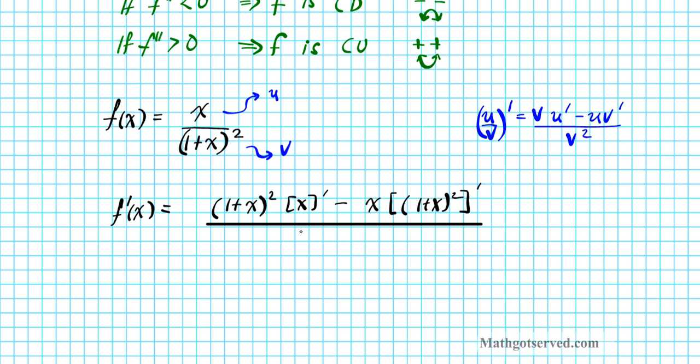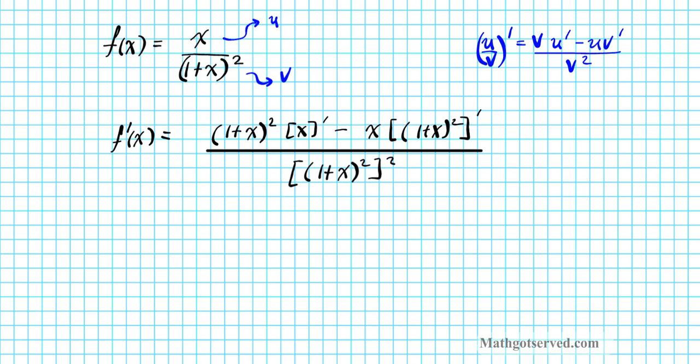So we'll have 1 plus x quantity squared. All right, let's go ahead and differentiate. We have f prime of x equals 1 plus x quantity squared. Now, x prime is just 1. And then we can times 1 minus x.